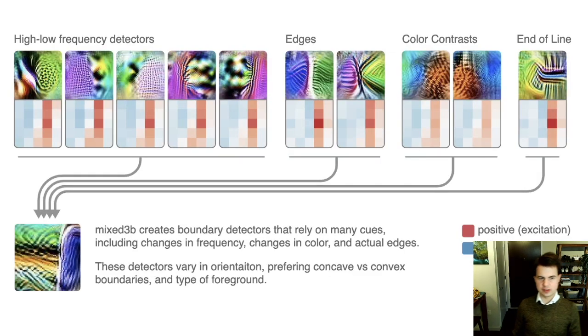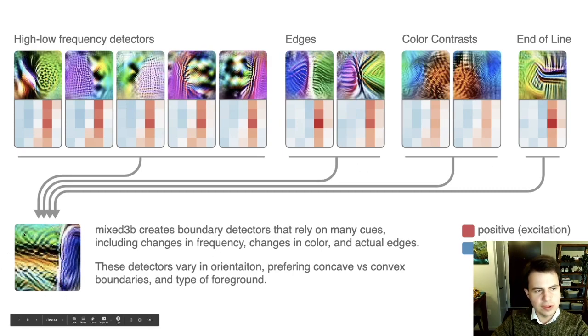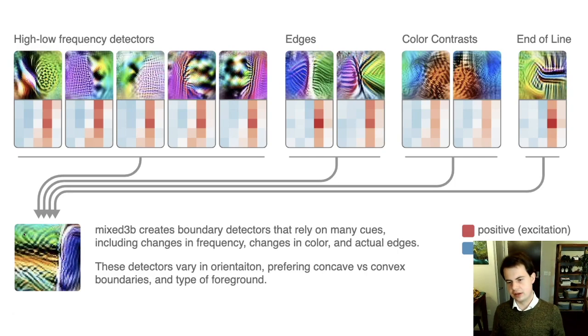Another really interesting unit: there's actually a whole bunch of what we call boundary detectors. Boundary detectors are very flexible. People sometimes talk about line detectors, but boundary detectors are much richer. They look for the transition from, say, me to the background, or things like that. So this one's a horizontal one. And they look for a lot of different hues. They're very sophisticated. They look for transitions from low frequency to high frequency, or high frequency to low frequency, or vice versa.